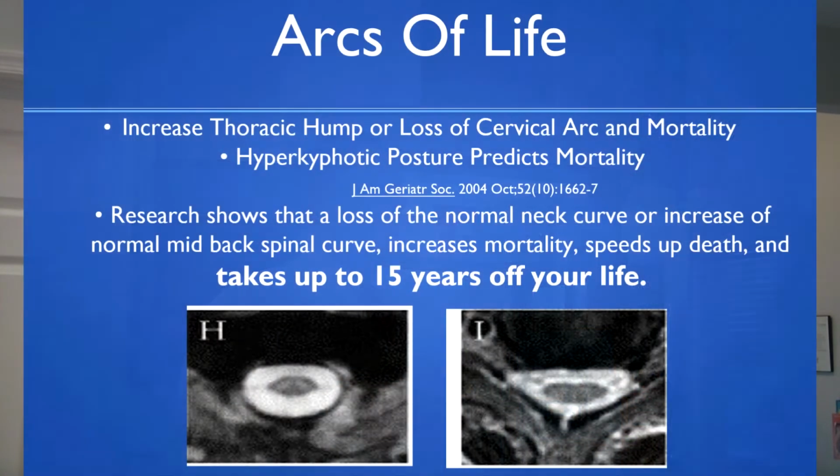So, arcs of life: you can see an increased thoracic hump or loss of cervical arc and mortality, meaning if you were leaning forward or concerned about the dowager's hump on your back, it leads to more mortality. Research shows that a loss of curve in the neck and increases of the normal mid-back spinal curve increase mortality, speed up death, and take up to 15 years off your life.